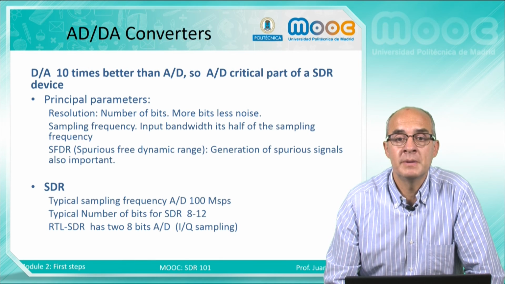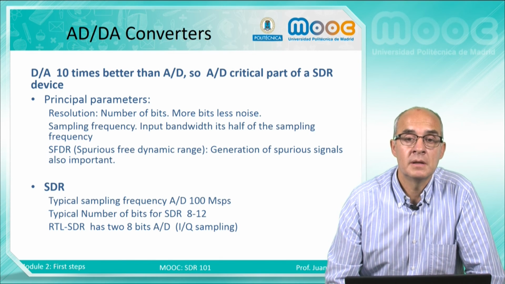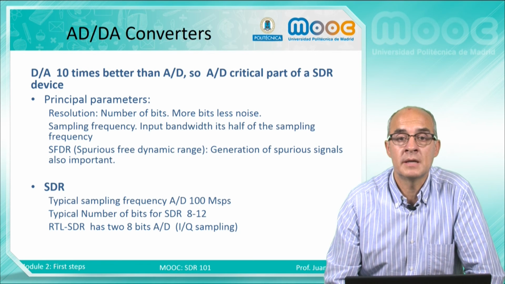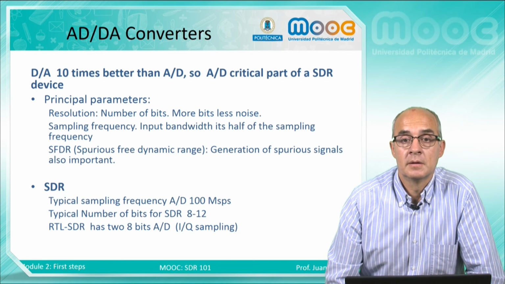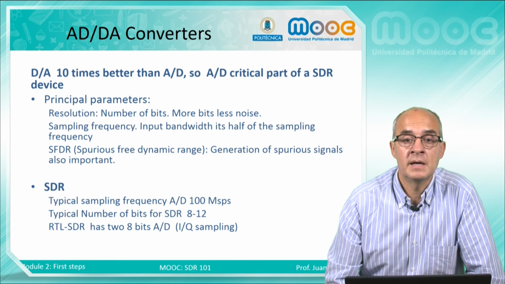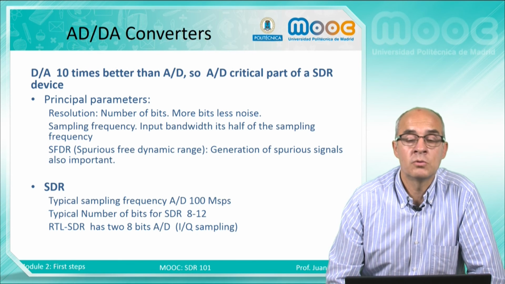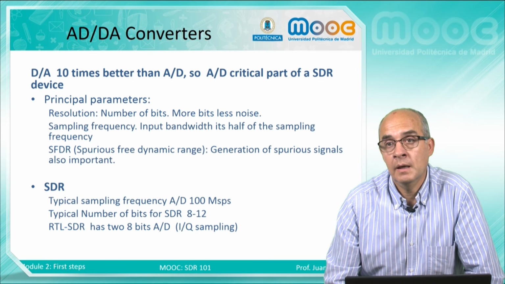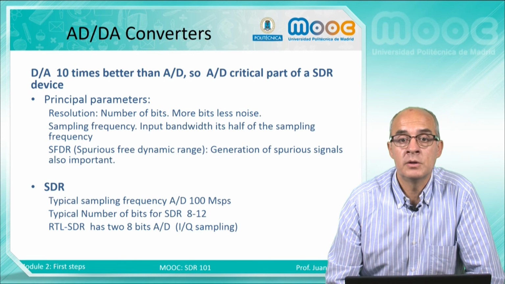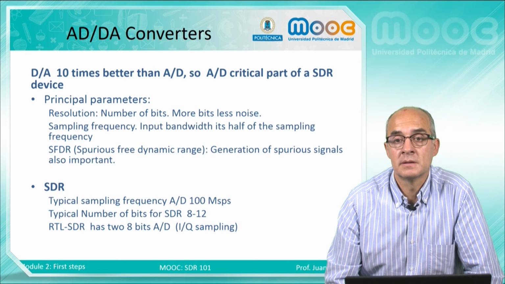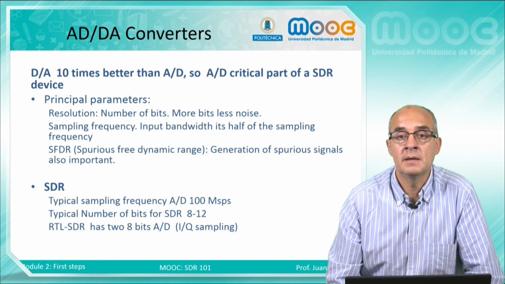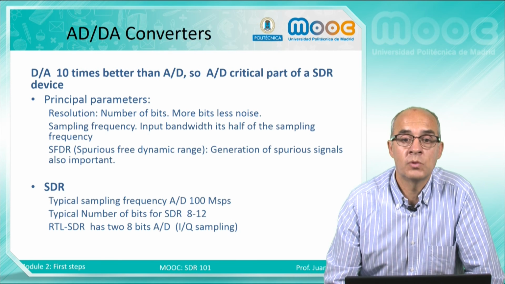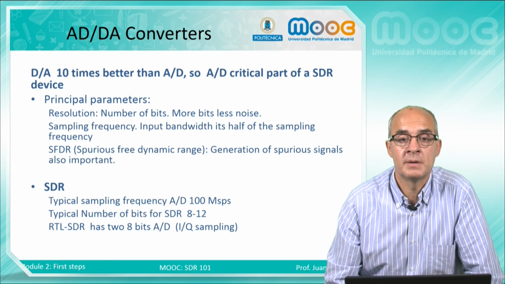If we have more bits, we get less noise in the analog to digital conversion process. Normal devices of SDR have from 8 to 12 bits. RTL SDR use 8-bit converters, and high quality SDR devices use 12 and even 14 bit converters.